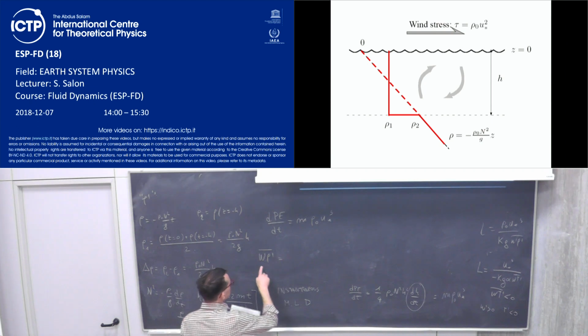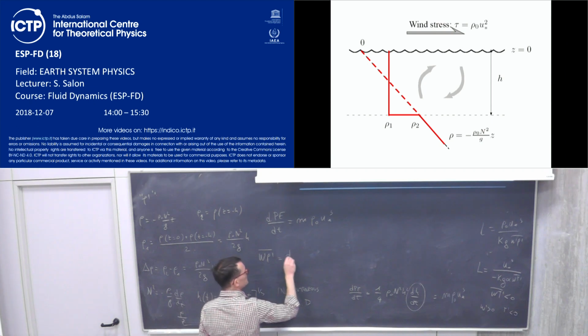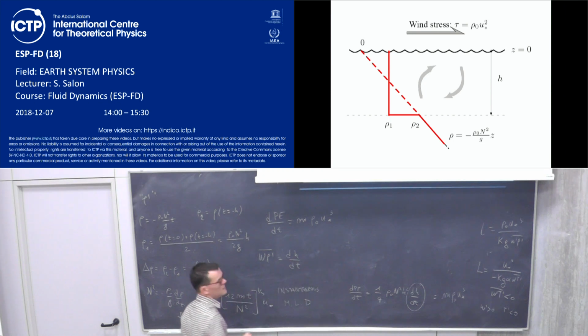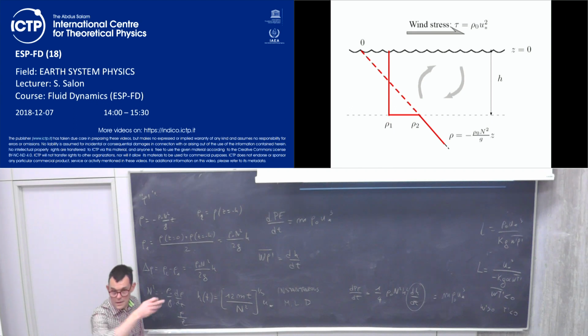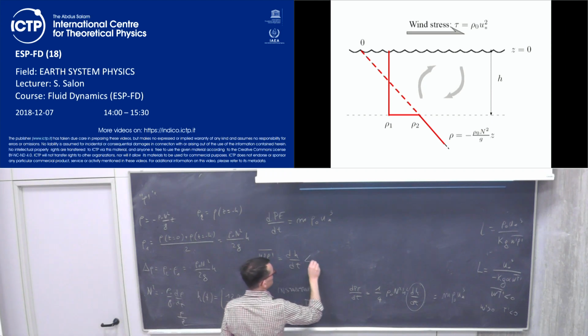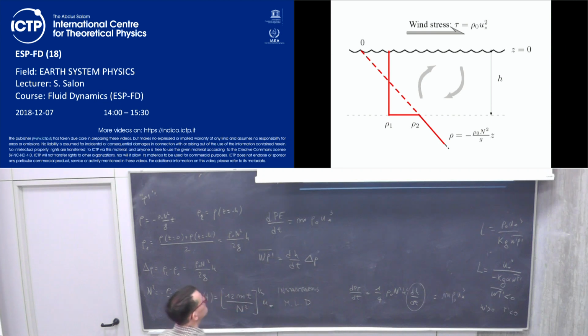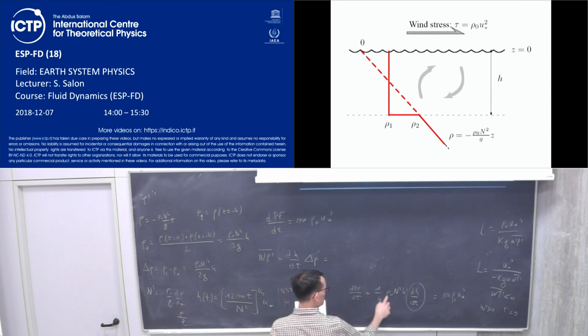So the scale for the w prime will be dH over dt. Okay? So the scale of the vertical velocity is practically given by how the instantaneous mixed layer depth changes in time. The scale of rho prime is obviously delta rho, which is our density jump. So dH over dt, it was here.